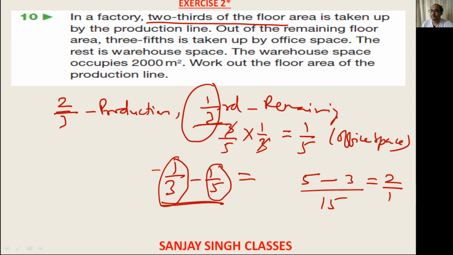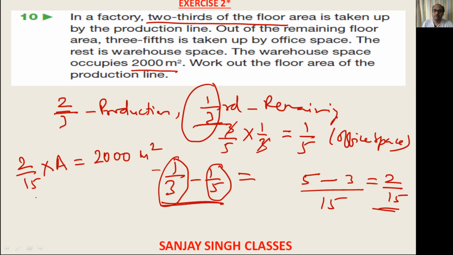So 2 by 15 of the space is for warehouse, 2000. So if 2 by 15 of the total area is 2000 meter square, this is the area.